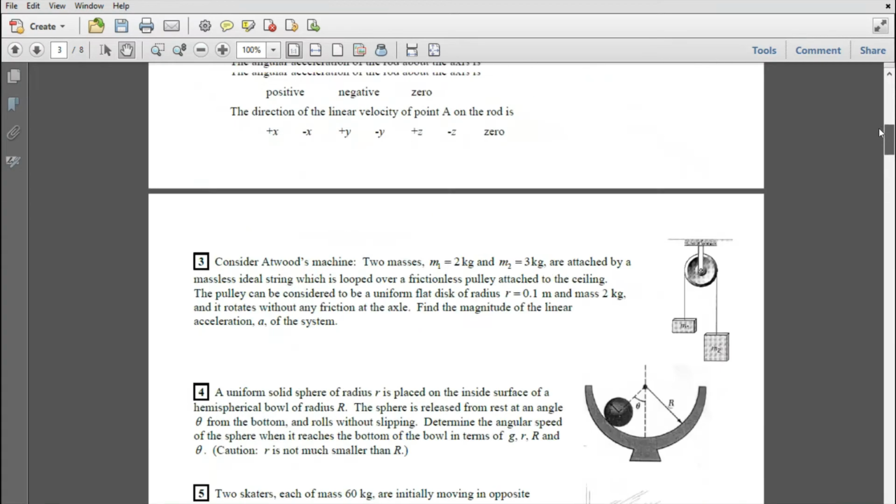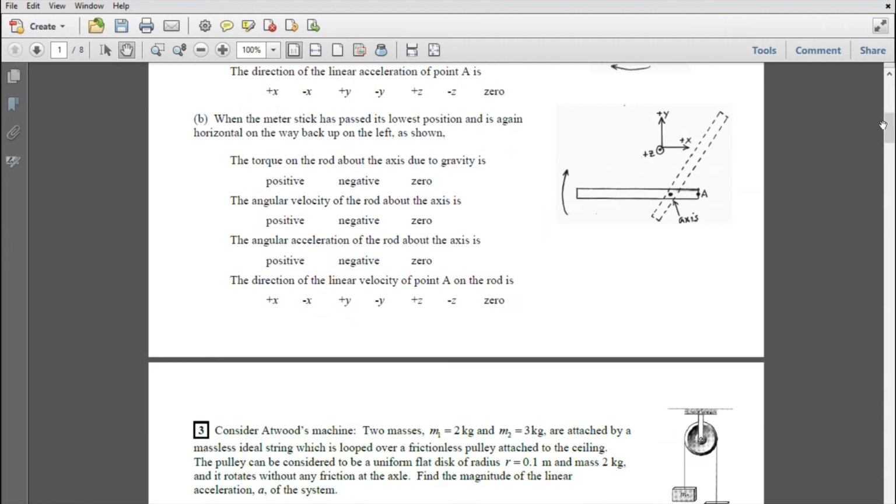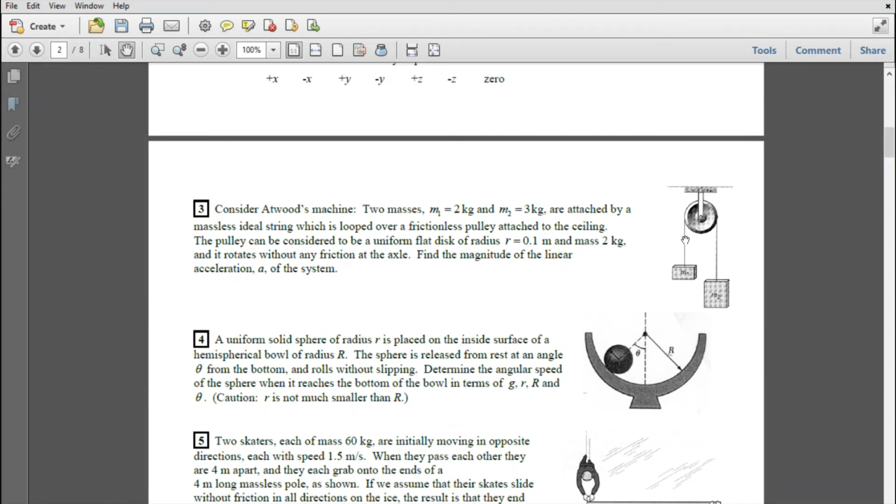Okay, problem 3, we have to go back up to the top to see what that problem is. That's an Atwood's machine, 2 masses, different masses attached on a massless ideal string, which is looped over a frictionless pulley, but the pulley is not massless. It's got significant mass to it.